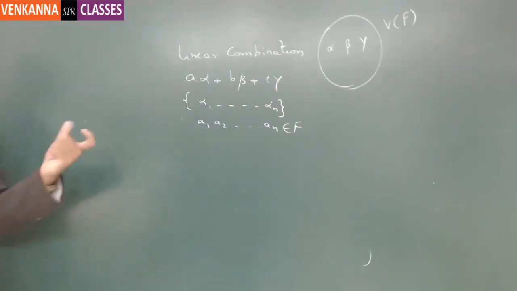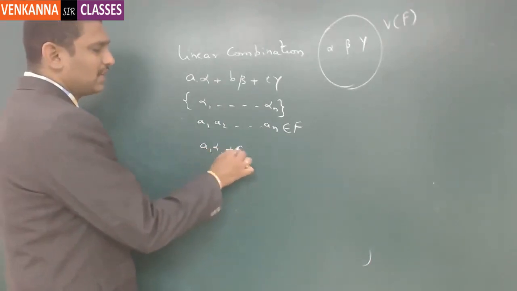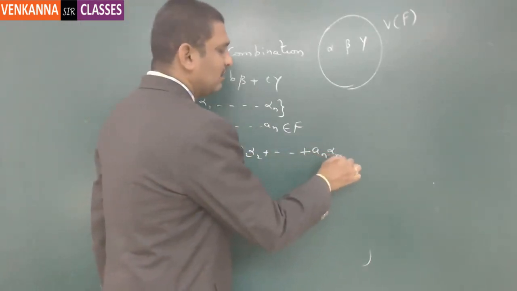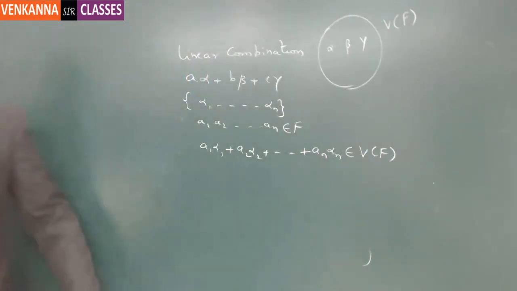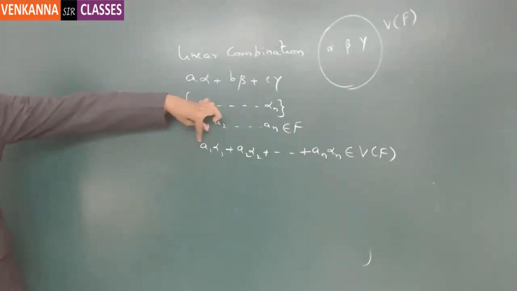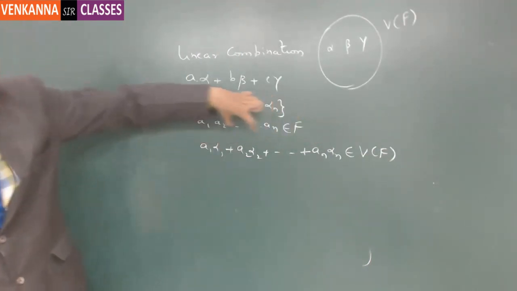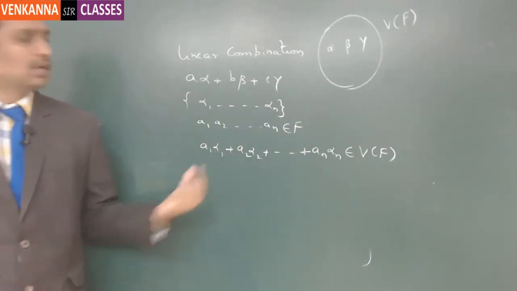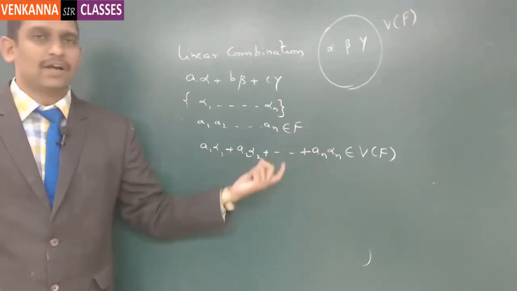Now, the sum of the products a1 alpha 1 plus a2 alpha 2 plus so on plus an alpha n will belong to the vector space V of f, because you are multiplying a vector with a number. So this is a vector, this is a vector, this is a vector. If you add all these vectors, the result is nothing but a vector. So this type of notation is called linear combination.